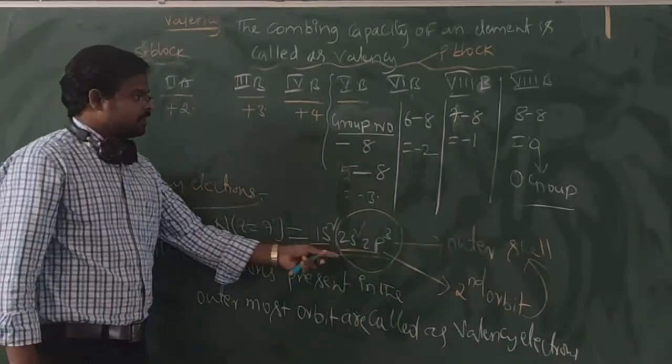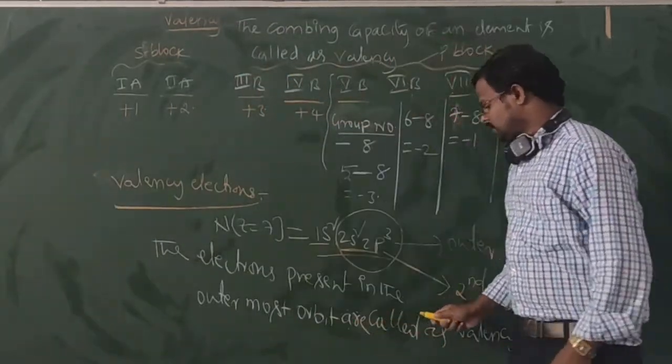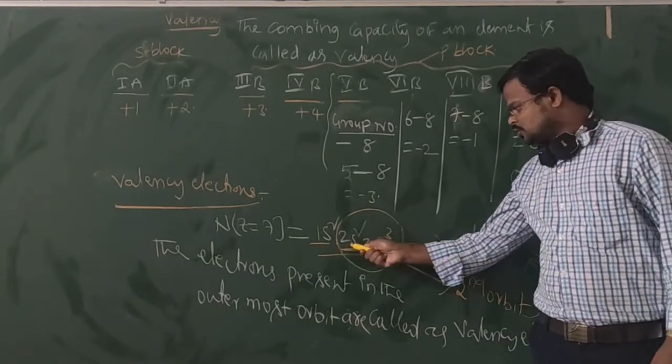Suppose if you take this electronic configuration, see in this electronic configuration, 2s2 and 2p3.